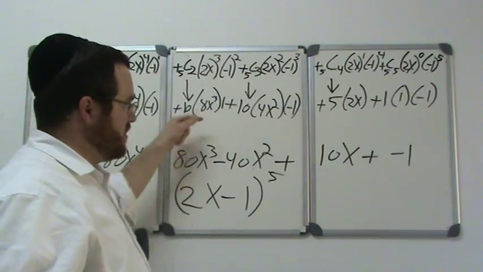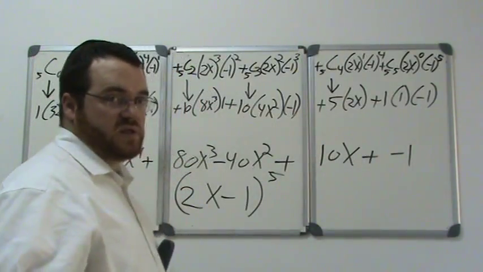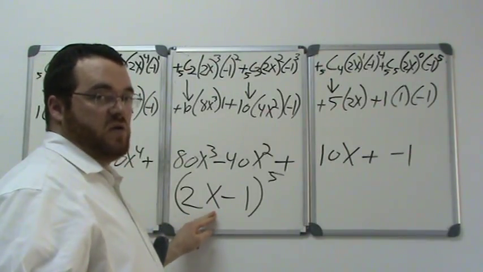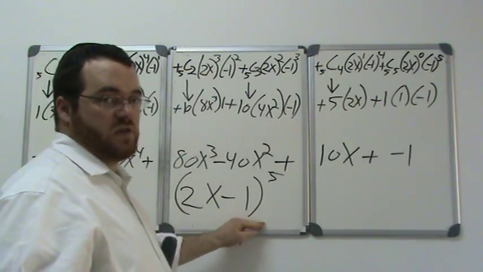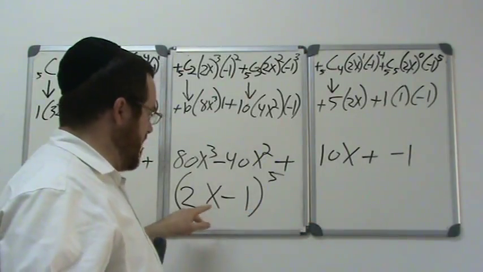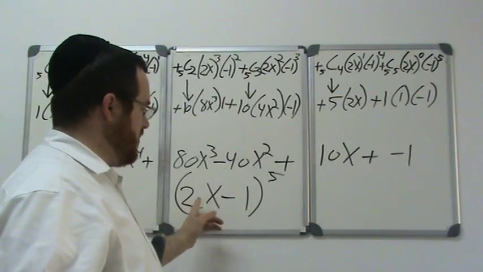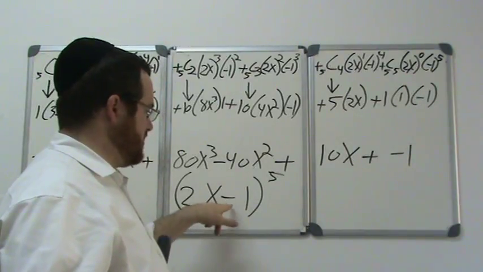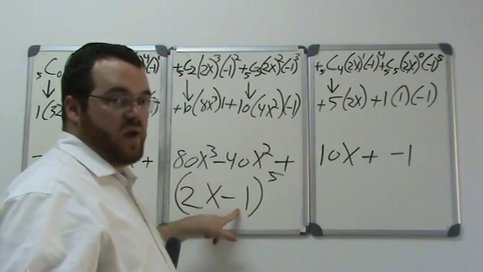As you move from the beginning of the binomial expansion to the end, the 2x that's to the fifth power will go down to the fourth, to the third, to the second, to the first, to the 0. And as that does, the power on the negative 1 goes up. That means it will be 2x to the fifth power times negative 1 to the 0 power.